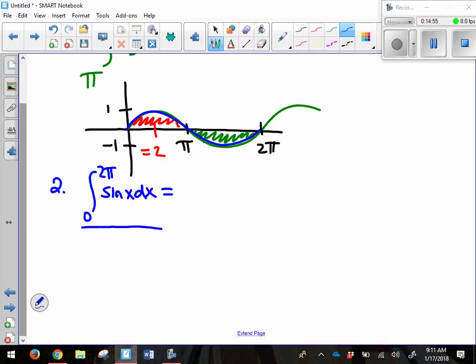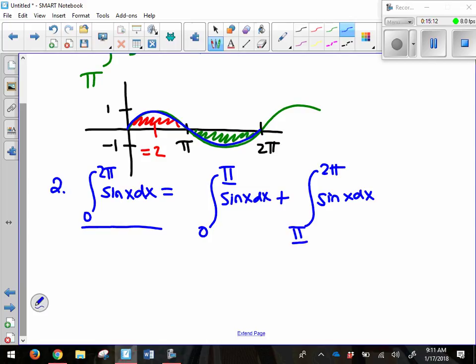I can break this into an integral from 0 to pi of sine x dx plus an integral from pi to 2 pi of sine x dx. And as long as the upper limit of this integral is the same as the lower limit of that integral, I can break it out.